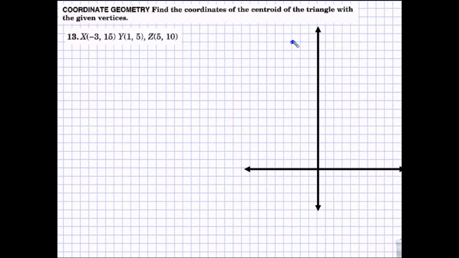Oh, and there's graph paper in the folder over there if you guys need some. So this one's X. Y is 1, 5. And Z is 5, 10. Actually, I need to put that Y over here.